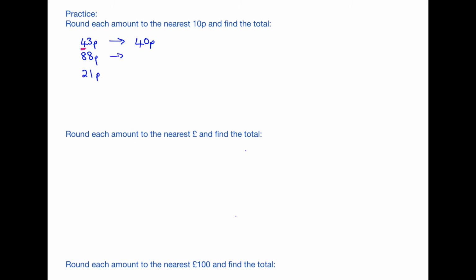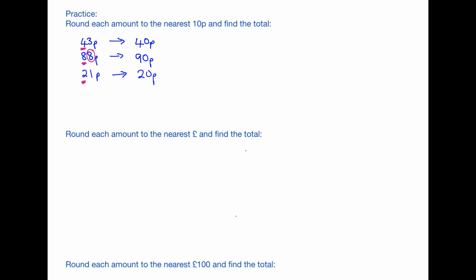We're going to do the same sort of thing with the 88 pence. That's the 10s. So the 8 tells us we need to move that 8 up to a 9. So that's going to give us 90 pence. And the last one, again, this is the 10s digit, and the closest 10p to 21p is 20p.